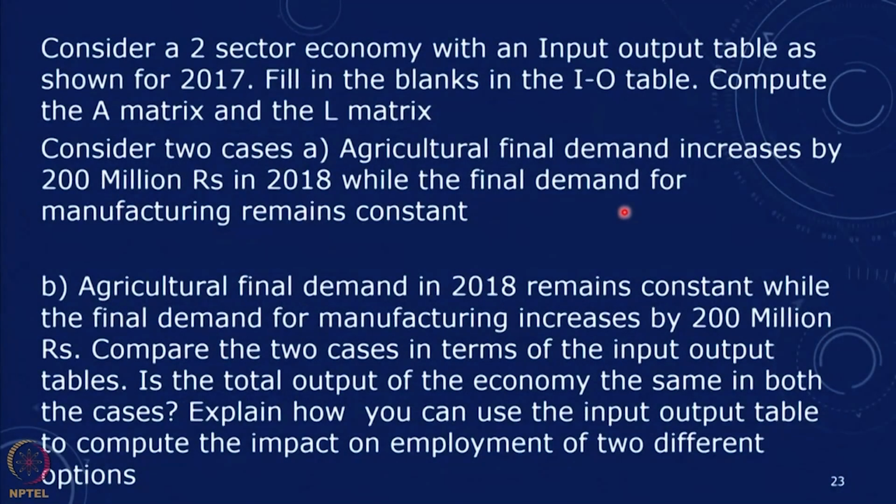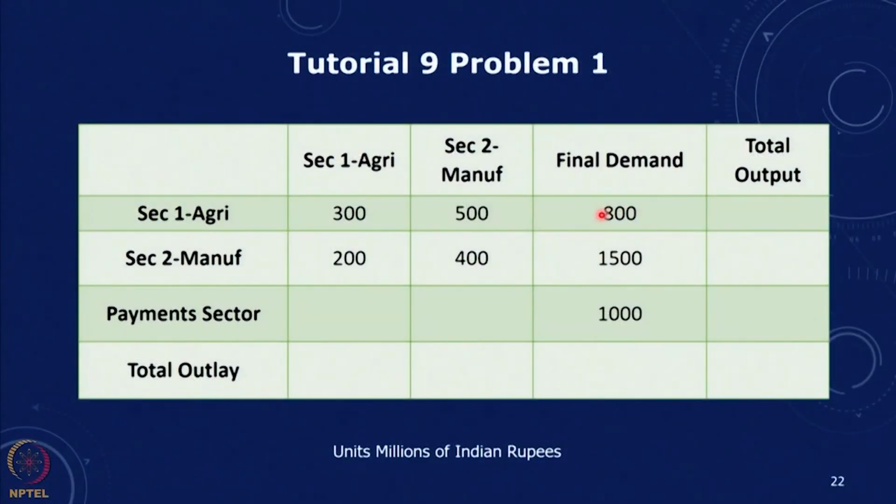Now let us take one simple example and try to solve it. We have already seen, both in the last module as well as in this module, how to do the calculations. Now let us do this for this example.